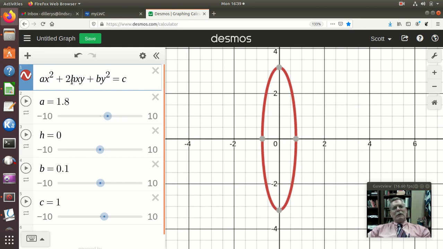And you can look in your calculus book, you see all kinds of nifty results for these different conic sections, as long as we have them all lining up with the major axes, the x and y axes. As soon as they get rotated, as I said, things get a little tougher.